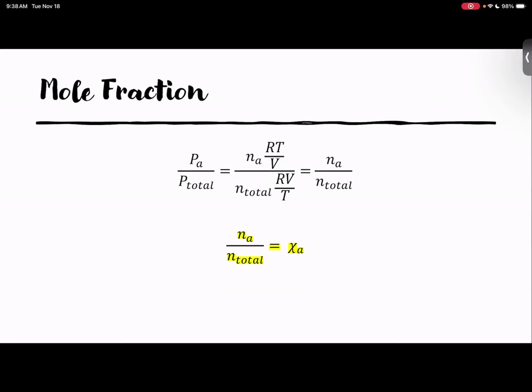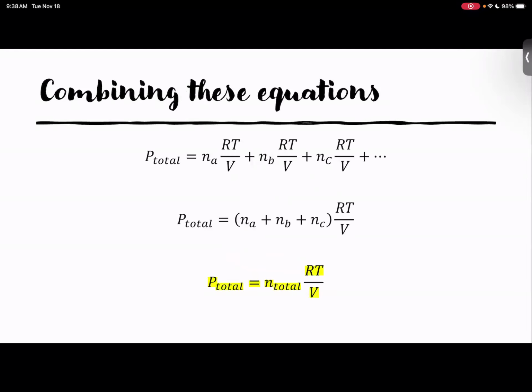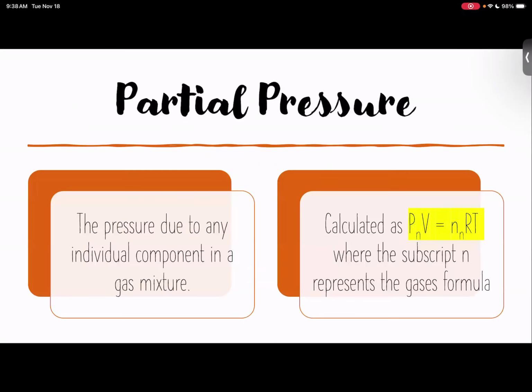What we have been doing, and I've highlighted key equations, is we have 4 key equations. Going back to slide number 1, P sub n times V is equal to n sub n times RT.